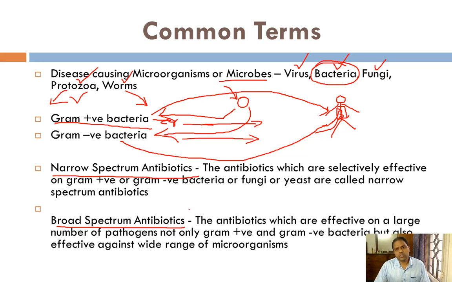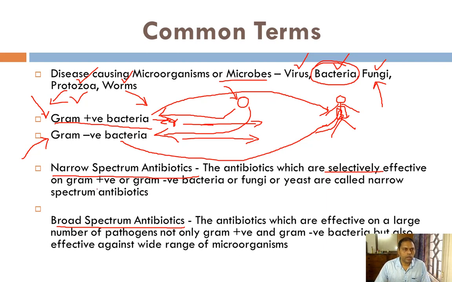Suppose antibiotics act only on gram-positive bacteria, or only on gram-negative bacteria, or only on one type of microorganism. Such antibiotics are called narrow spectrum antibiotics. They are very selective in their action.